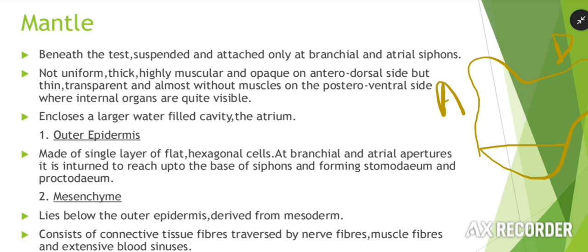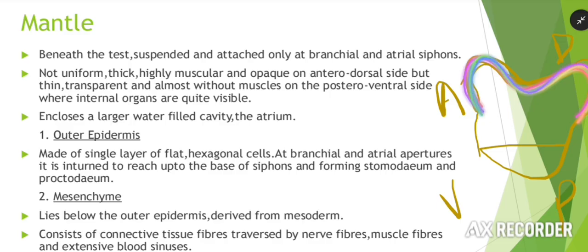This is ventral side and this is posterior side. So it is highly muscular and opaque on anterodorsal side. Anterodorsal side is this one. So it is highly muscular and opaque in this region.